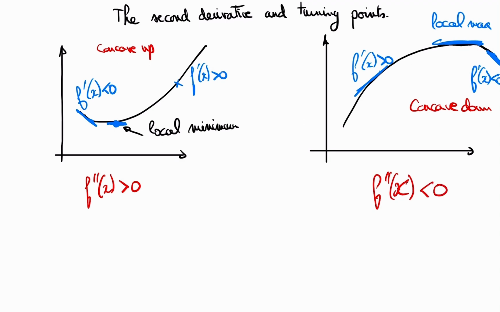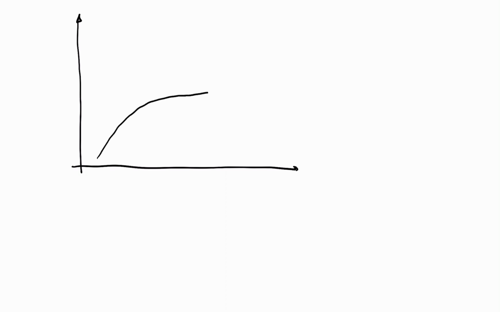Now there are other possible situations, such as this one. Here we have a function which increases and then it flattens and then increases again. So at that point here the derivative is 0, but here it's positive, and here it's positive again.